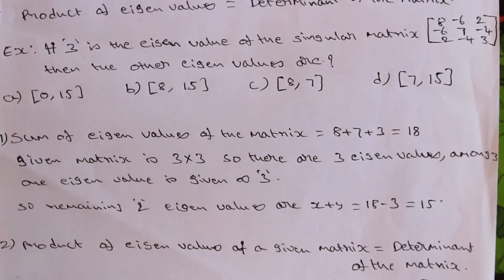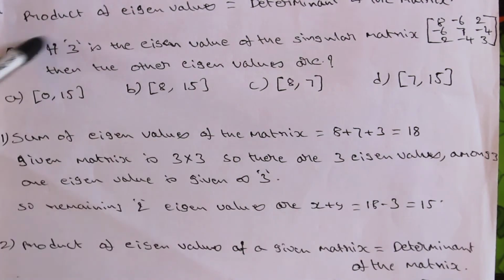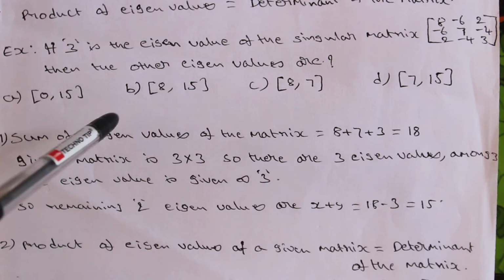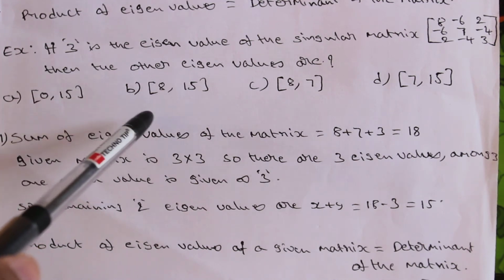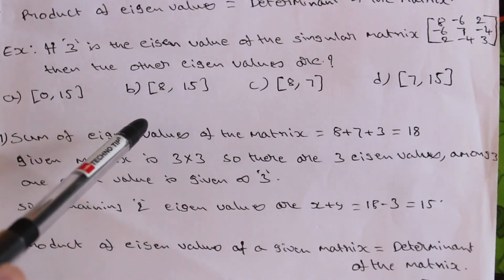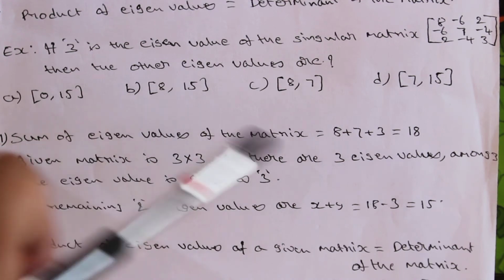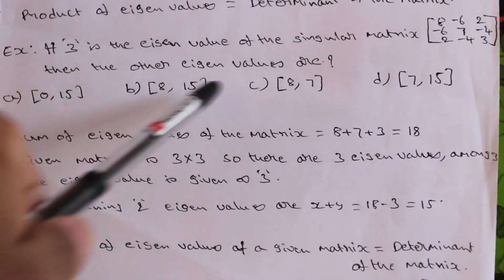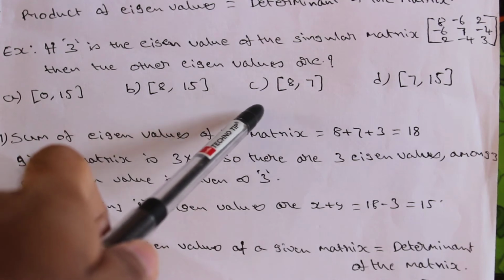Just look at the options. Sometimes you may get the answer from this first point itself. In option A, the other eigenvalues are 0, 15. Adding 0 plus 15 gives 15, so it may be the answer. Option B: 8 plus 15 is 23, so the sum is not 15 and it is not correct.